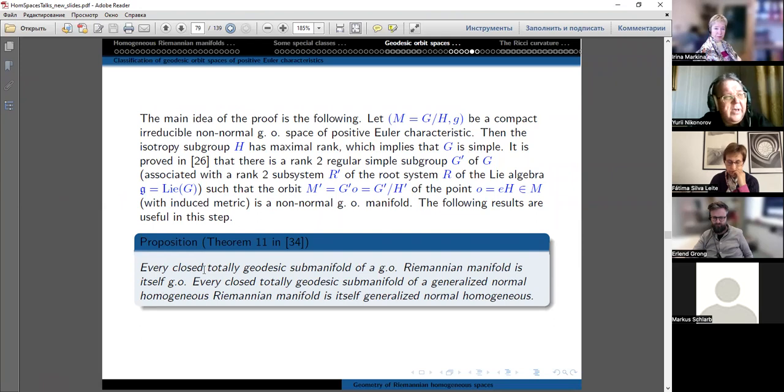I try to explain what it means. If we consider a naturally reductive metric, then the construction is purely algebraic. We have some inner product on the Lie algebra, some decomposition, and so on. Pure algebraic construction.